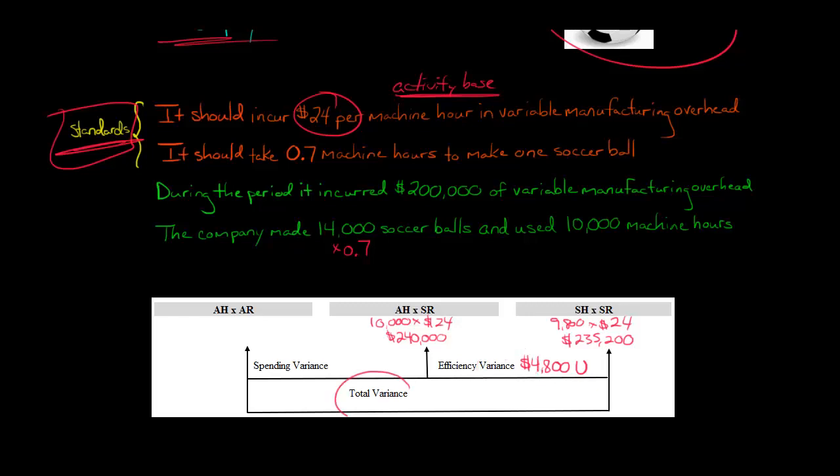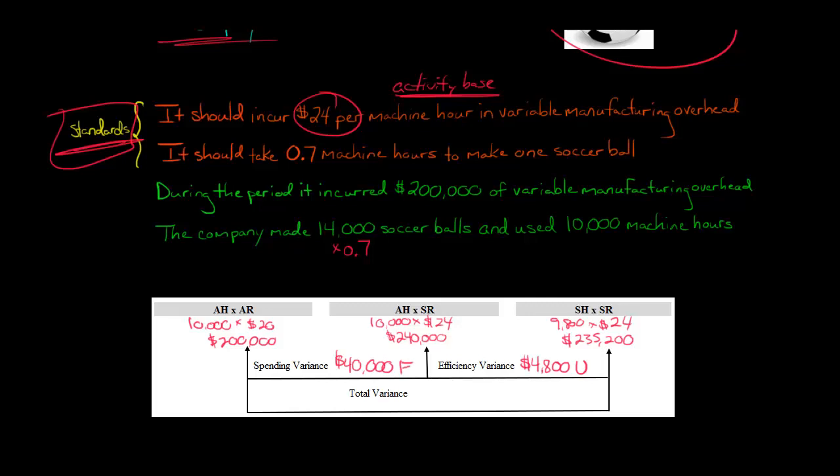Now, if you want to calculate the total variance, then we can calculate the spending variance here. I've got another video on it, so I'm just going to go through it quickly. It's 10,000 hours times $20 an hour, which is 200,000 total for the actual hours times actual rate. The difference between 200,000 and 240,000 is 40,000, and this is a favorable spending variance.